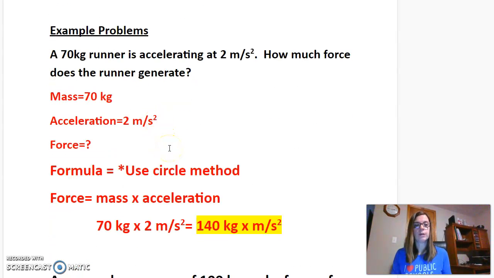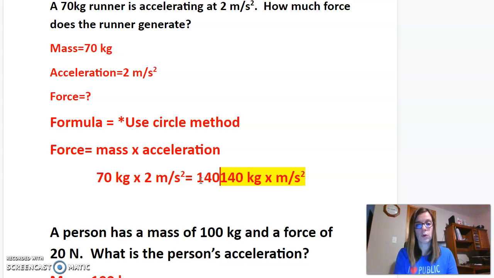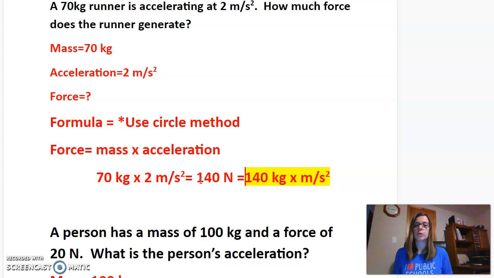Down here in our problem, we're going to take the 70 kilograms for the mass of the runner times the 2 meters per second squared, and we would get 140 kilograms times meters per second squared, which would be equal to 140 newtons. They are the same thing. A kilogram times a meter per second squared is the same thing as a newton. So our answer here is 140 newtons, or 140 kilograms times meters per second squared.